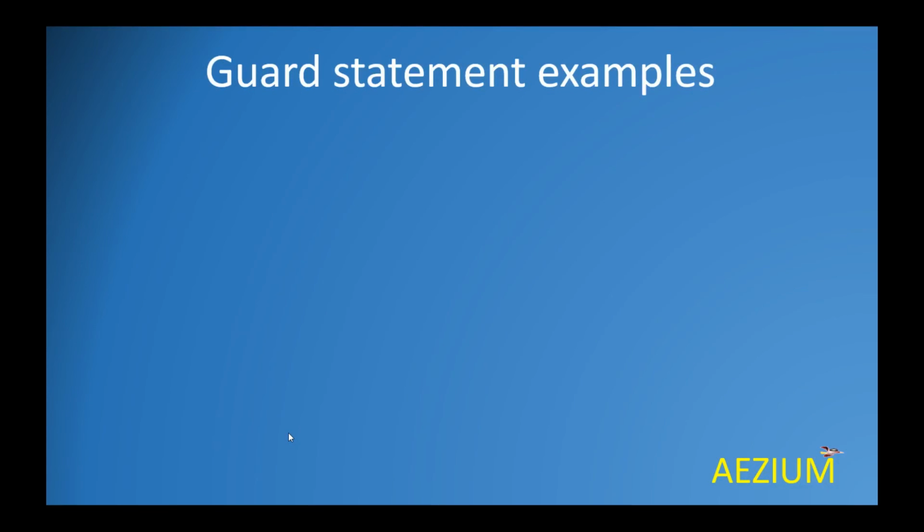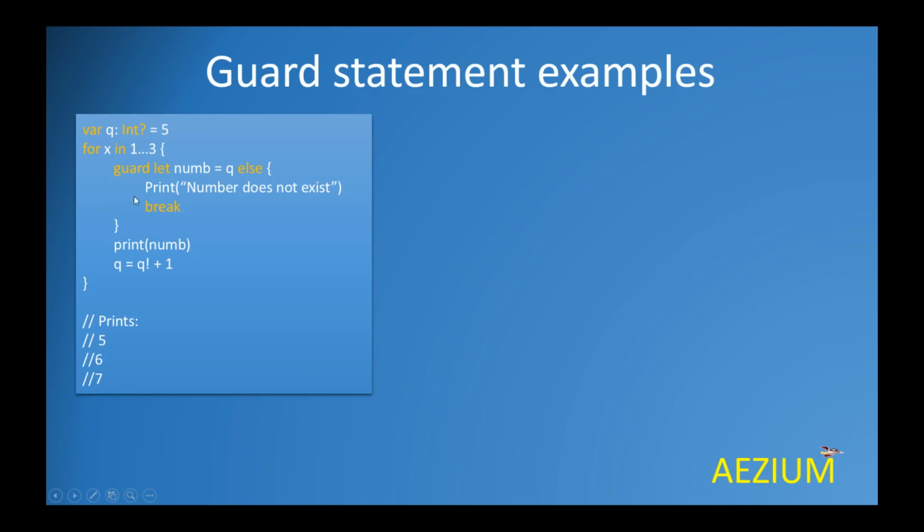Let's have a look at a few guard statement examples. To start with, we have an example which follows the second syntax that we discussed earlier. Here we have a variable q which is of type optional Int, and it's assigned a value of 5. We have a guard statement which is inserted within a for-in loop.